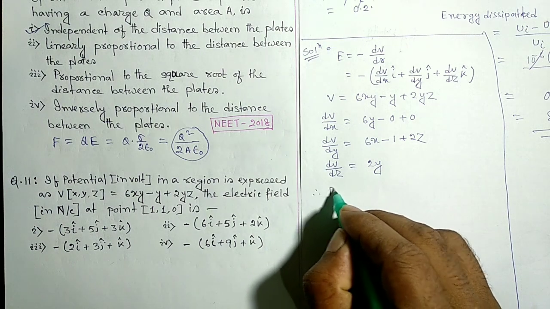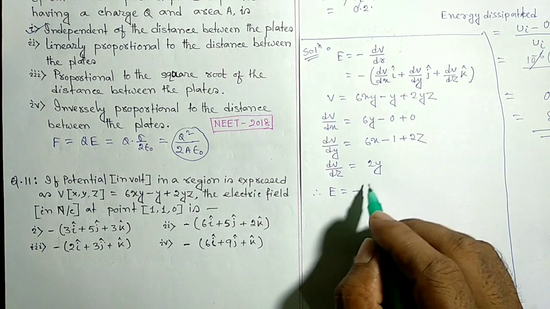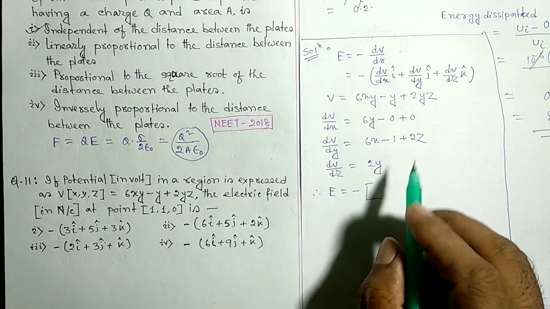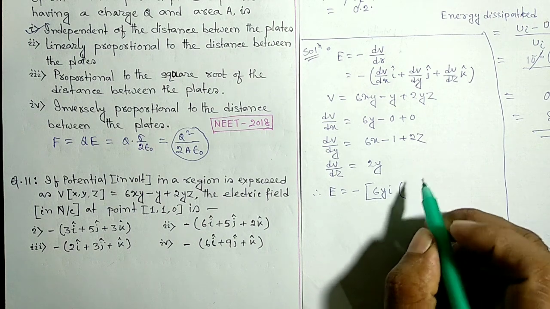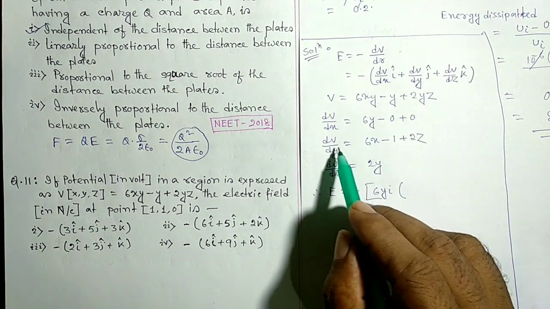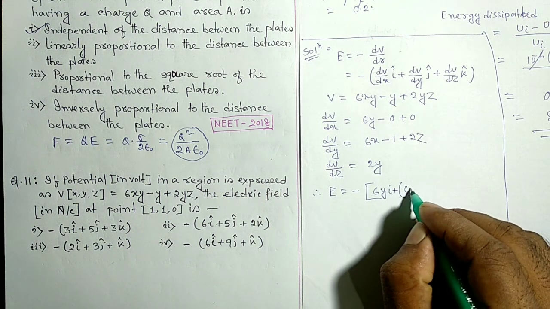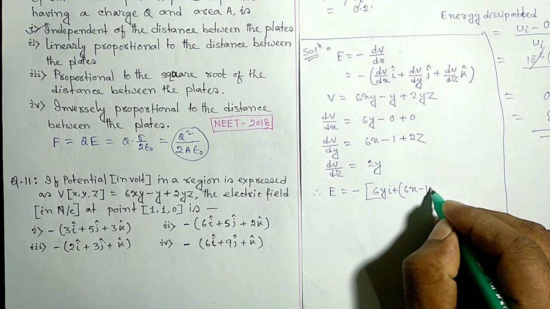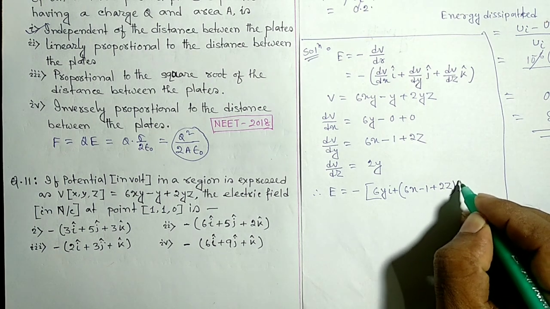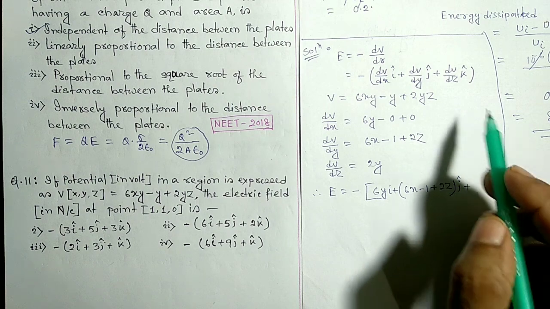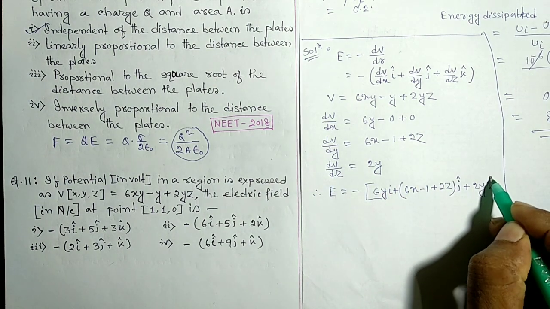Now E is equal to minus of dV by dx i, that means 6y i, plus dV by dy, that means 6x minus 1 plus 2z into j, plus dV by dz, that means 2y k cap.